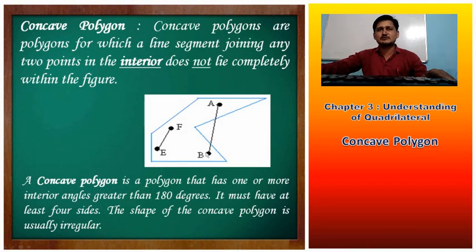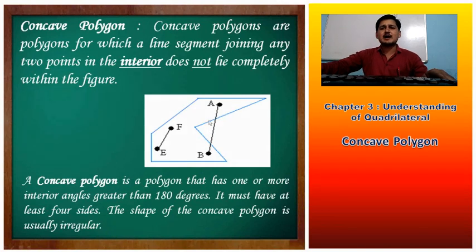But when we join these 2 points, this line segment is not completely lying within the figure. So in a concave polygon, when we join any 2 given points inside the figure, the line segment should not lie completely within the figure. Such figures are considered concave polygons.